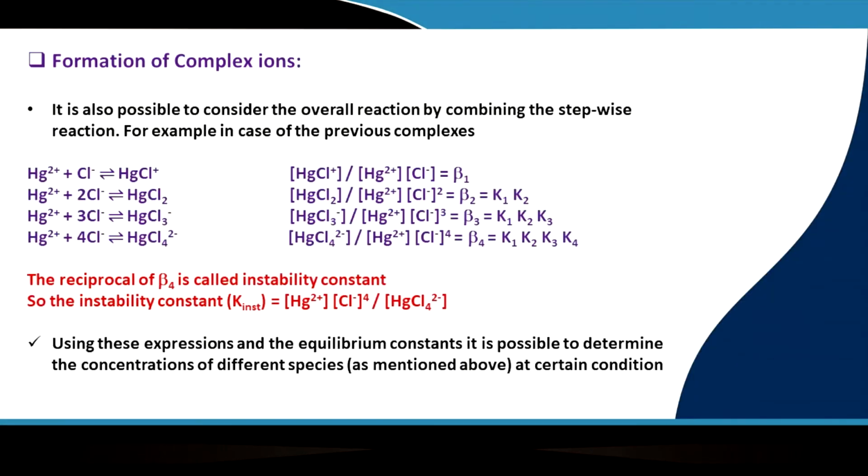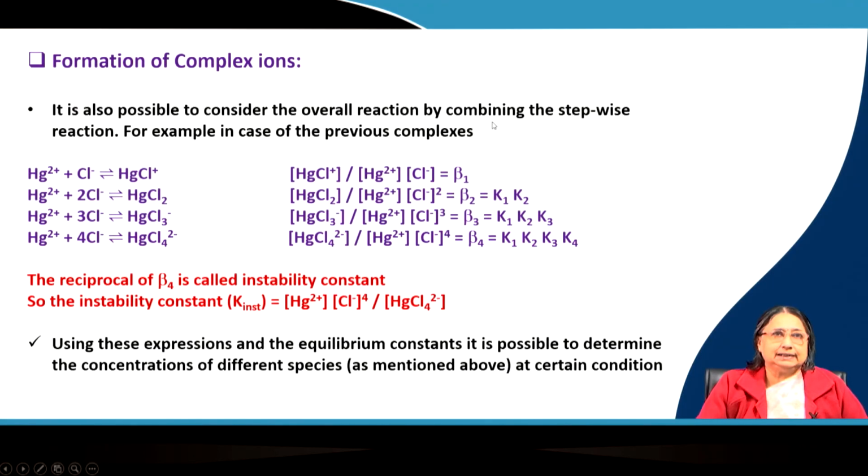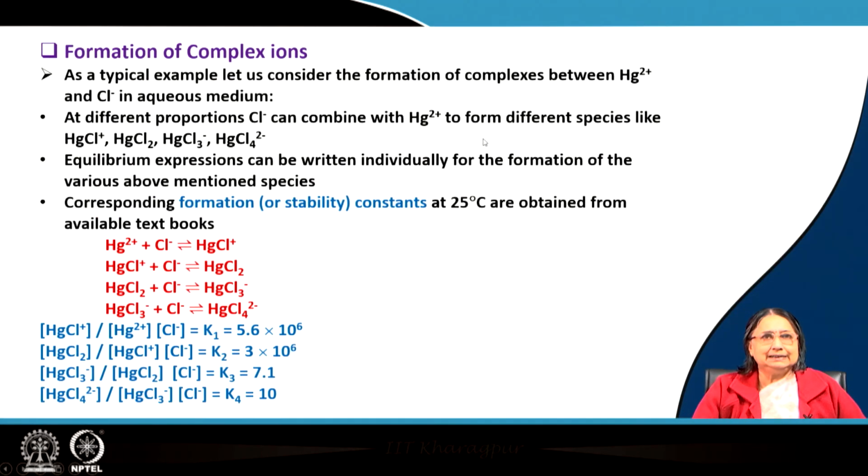Now, it is also possible to consider the overall reaction by combining the stepwise reactions. In the previous case we showed single steps, but we can combine, for example, these two: Hg2 plus 2 Cl minus will form HgCl2. If I combine these 3, then Hg2 plus 3 chloride minus will give HgCl3 minus.